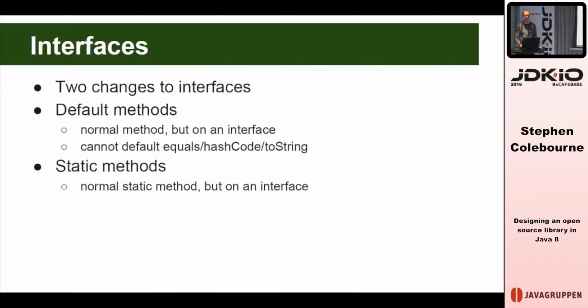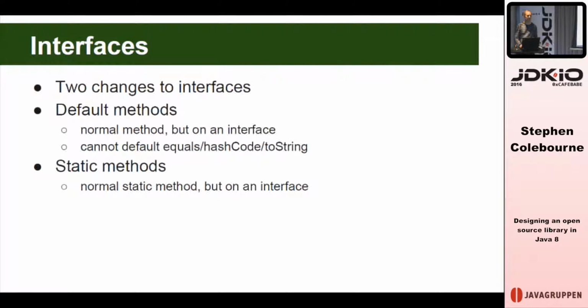So better look at those interfaces a bit more. So we have two key changes to interfaces. We have default methods on interfaces and static methods. So a default method is just like a normal method on an interface. The only difference is you have to put the default word in there. So now we have methods on interfaces. That's nice. You can't have a default method for equals, hashCode or toString.